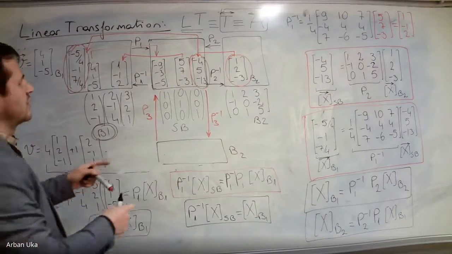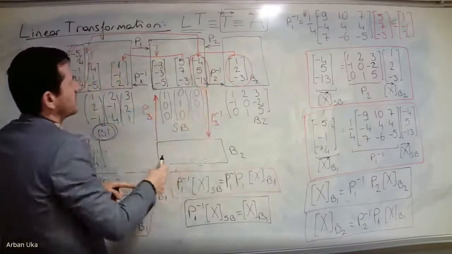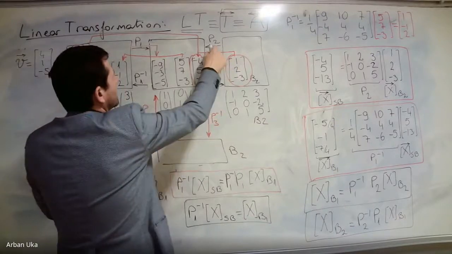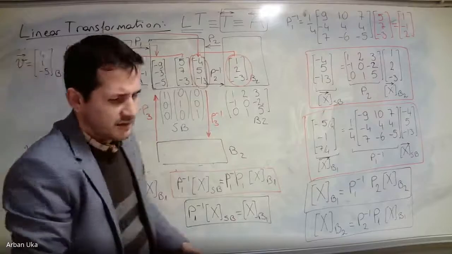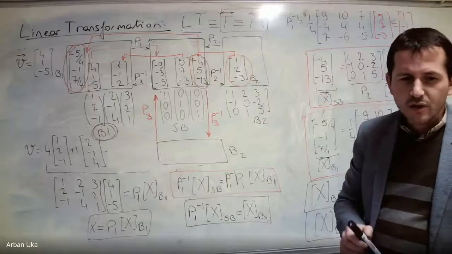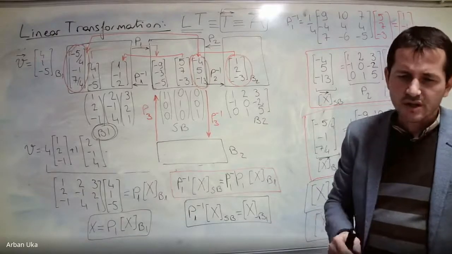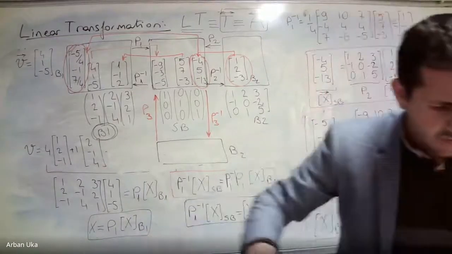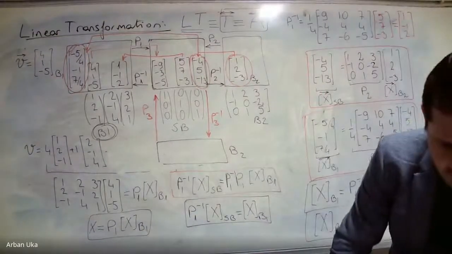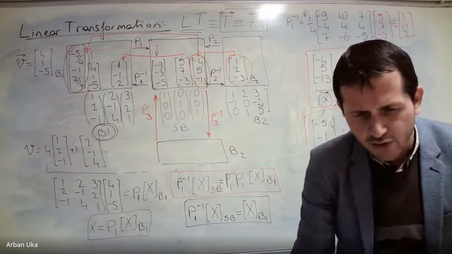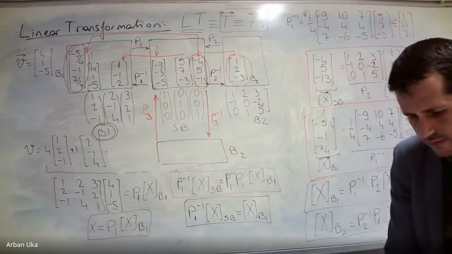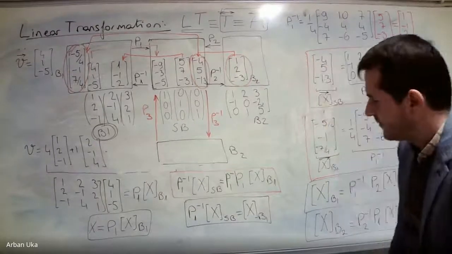So again, if you want to jump from here to here, the path that one has to follow is that from here you apply P2, and then you go with P3 inverse, you get it. Okay? So each base jumps to the standard base. Yes, you use the standard base as a bridge, you can say so, yes. And then you have to look at the possible paths the same way that you can look at the flow chart. Is it clear?